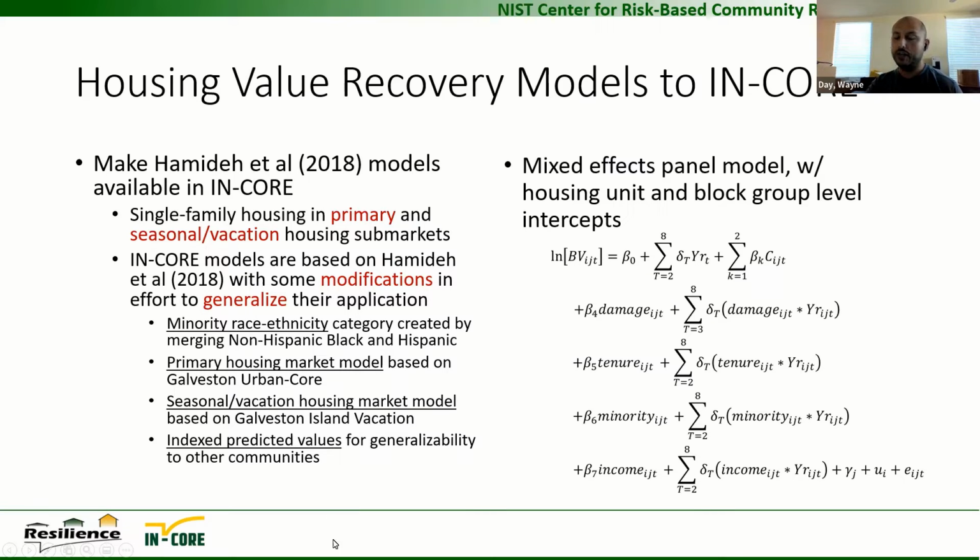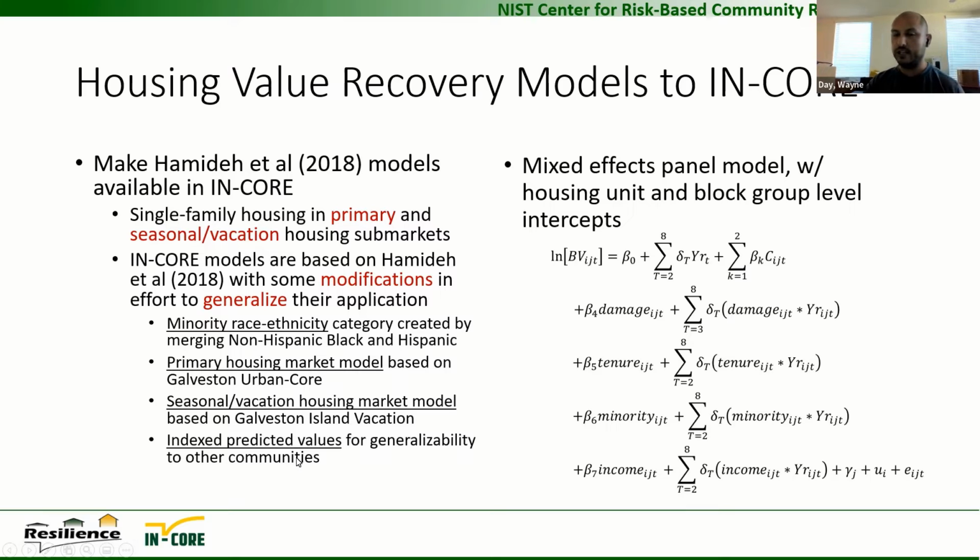If there's a strong Native American population there, you might want to include those in the minority category as well. So it allows for that generalizability. The primary housing market model is based on the Galveston urban core model. The seasonal vacation housing market model is based on the Galveston Island Vacation model.